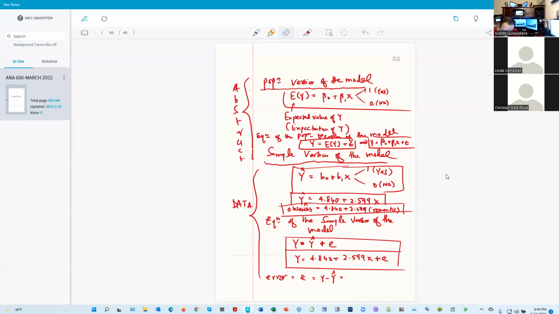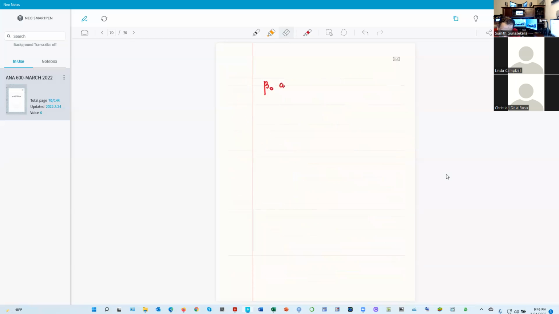Beta naught and beta 1 are parameters. If they're parameters, what are you going to do? To be estimated. And their counterparts, b naught and b1, are called statistics. What are you going to do?